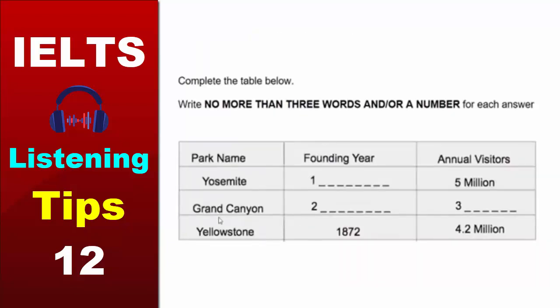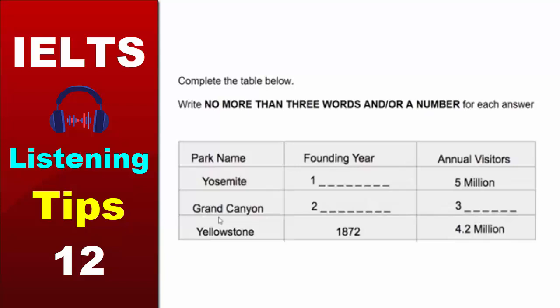The next type is table completion questions. Again, you can see these are all very similar. In this case, we have some kind of table, often almost like a spreadsheet, where you have different categories of things, and you need to fill out the chart or the table that you see there. On this one, at the top we've got some labels: park name, and we've got different parks.